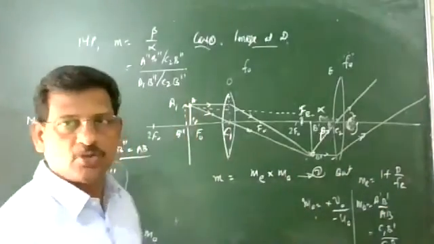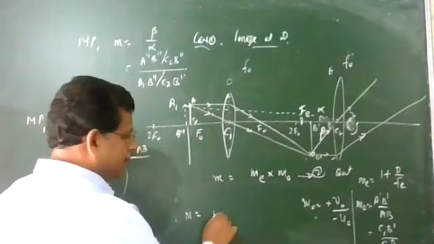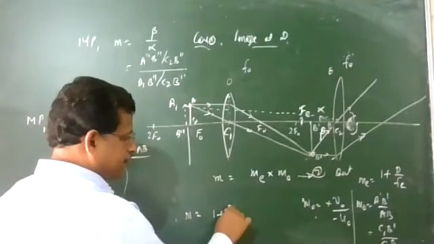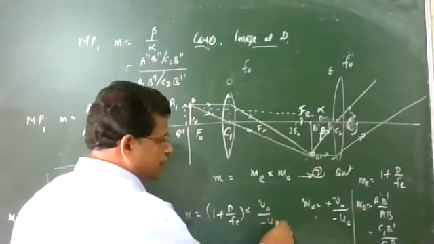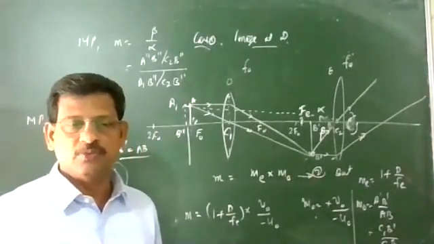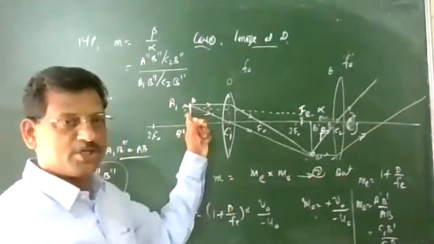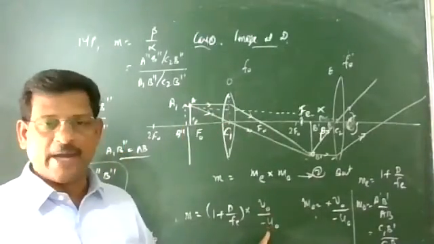Substitute in equation number 2, and the magnifying power is like this: 1 plus D by f times v_0 upon minus u_0. The minus sign means that the final image is inverted with respect to the object.